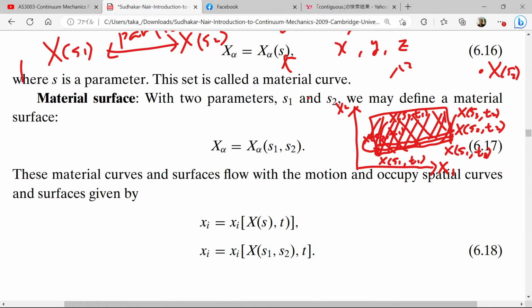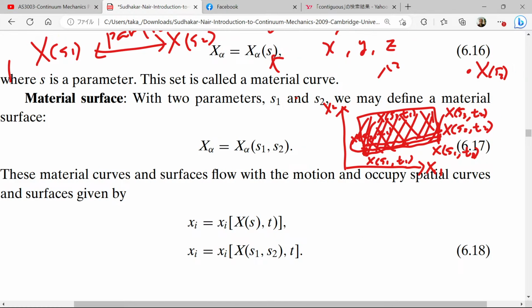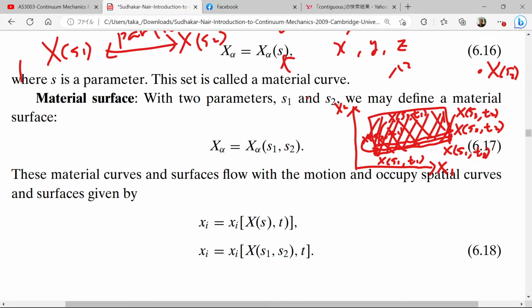These material curves and surfaces flow with the motion and occupy spatial curves and surfaces, given by this.